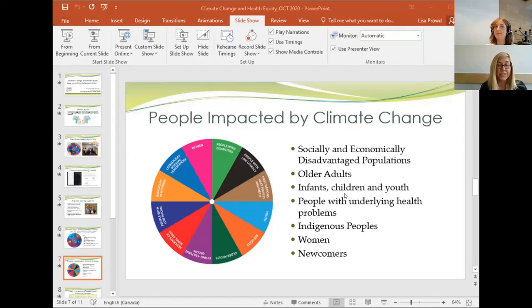Furthermore, climate-related stress has shown to have long-term negative impacts on children's health, their intellectual development, language performance, and emotional regulation. The good news is that we're seeing more and more children and youth becoming leaders for climate change and really advocating for change in their own communities.